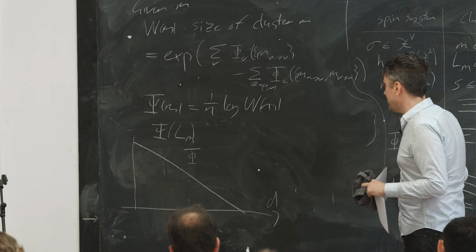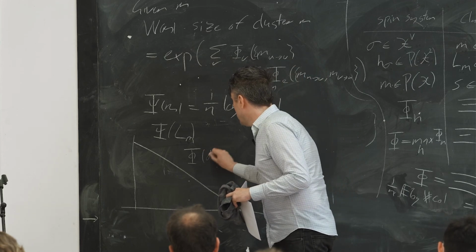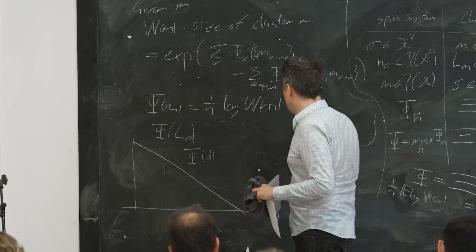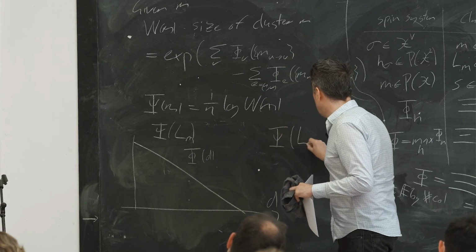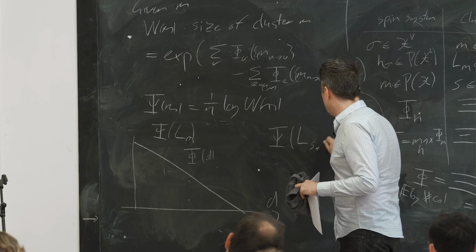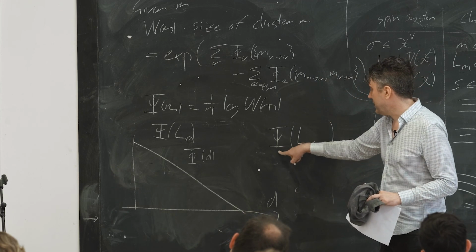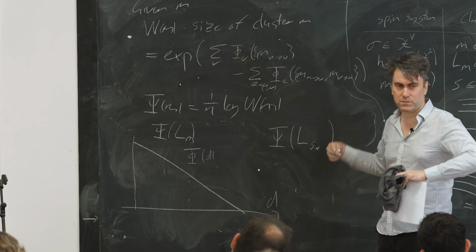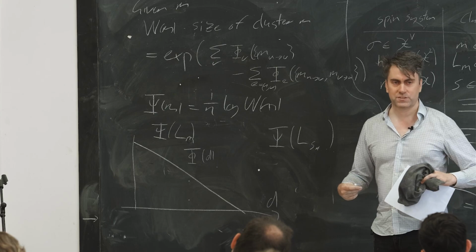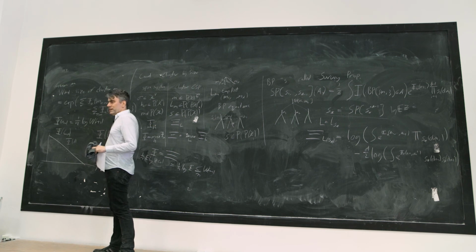You can calculate that. I could also write down psi of L of S star. So this is the size of clusters whose empirical distribution is given by the fixed point of the survey propagation equations. And you should think of this as just the size of a typical cluster.